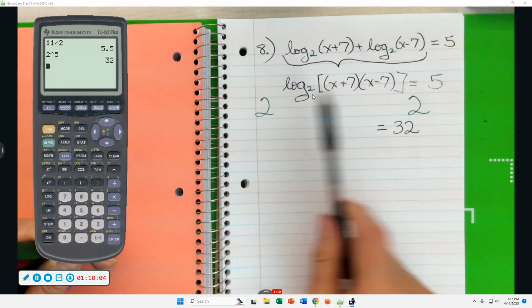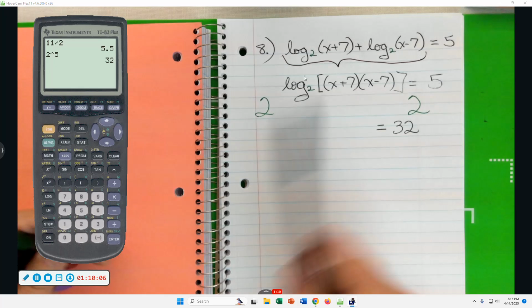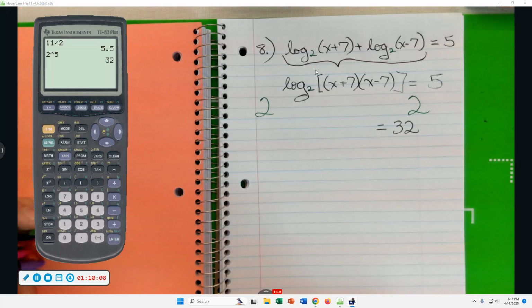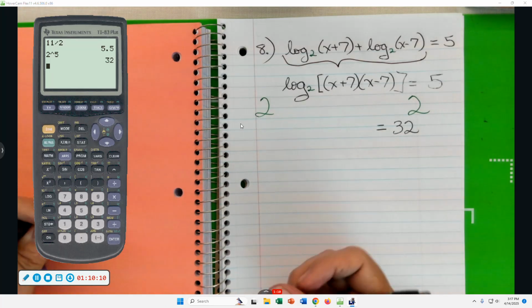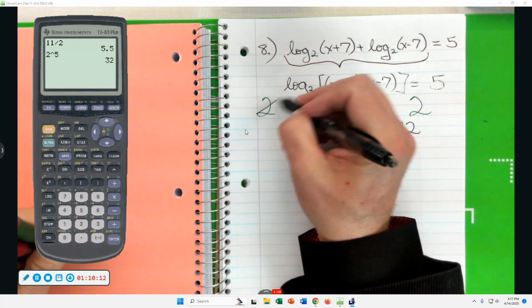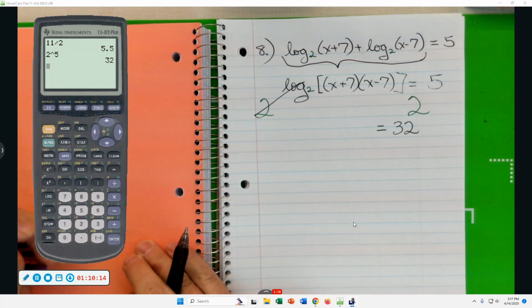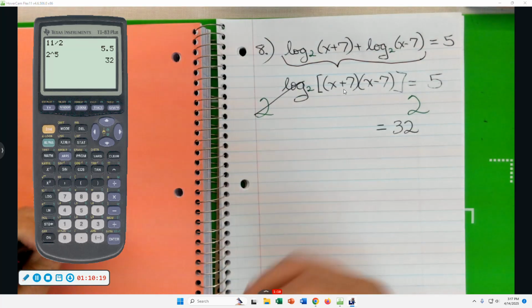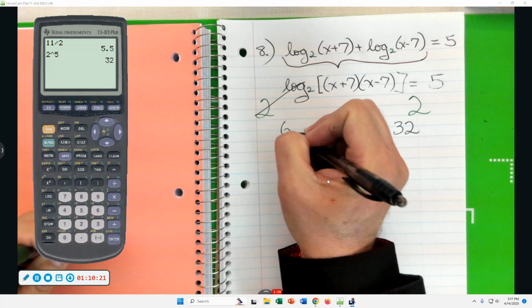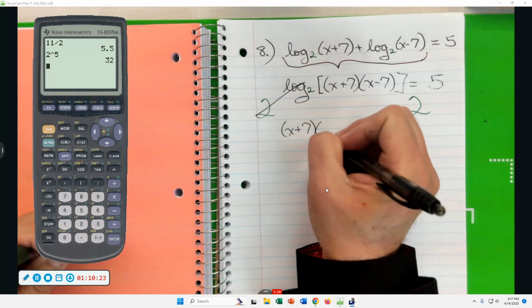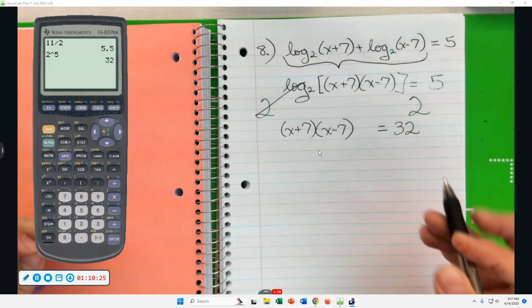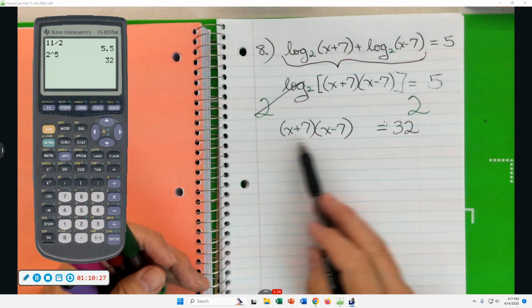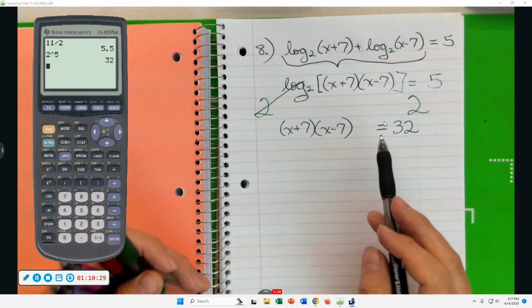What's going to happen over here? Just tell me in words what's about to happen. The 2 to the log base 2 cancels out. And we have x plus 7 times x minus 7. What are we going to have to do with this? Okay, we have to FOIL that out. Get rid of those parentheses.